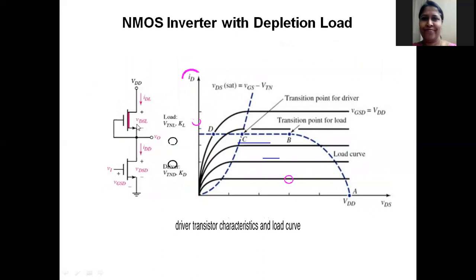So there is no current flow through this NMOS inverter, and the power dissipation will be equal to zero, because there is no current, so I square R loss in this inverter is zero.